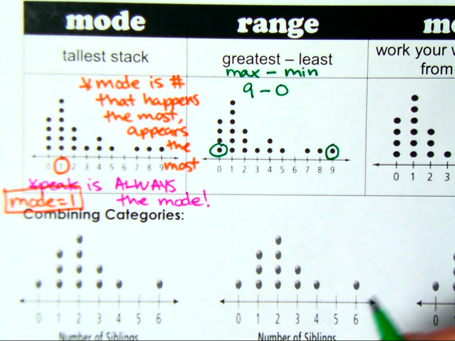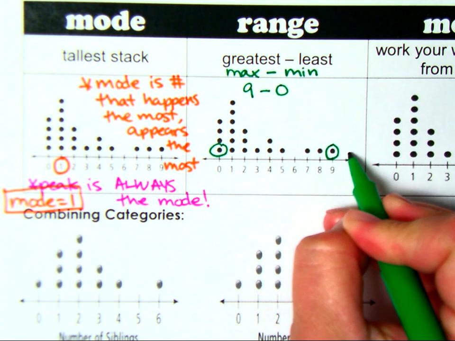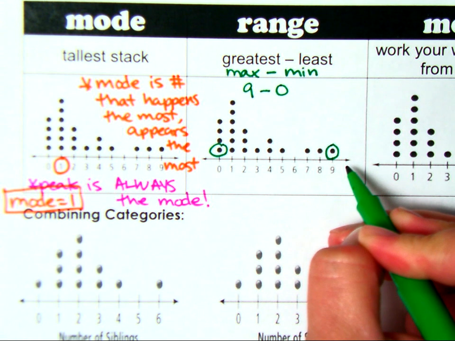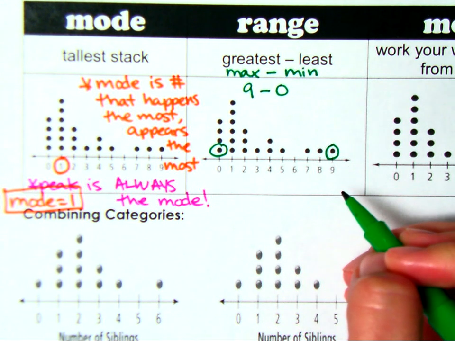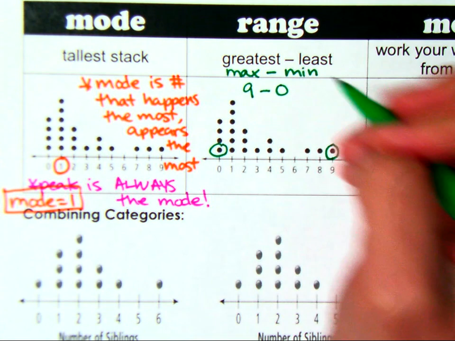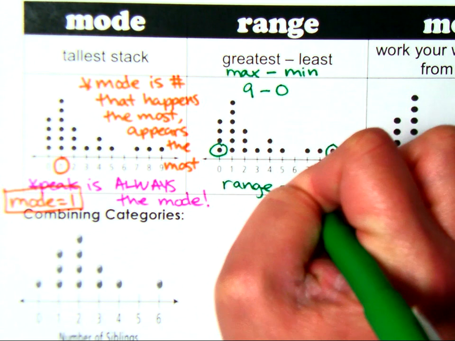If there was the number 10 on the number line, but nothing above it, 10 would not have actually been in my data. It has to have the dot above it to be represented in my original number list. So 9 minus 0 is 9. The range for this graph is 9.